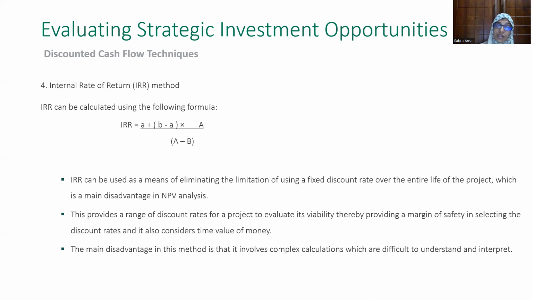In order to eliminate this, the IRR is calculated using 2 discounted rates. So that is what we did here. This provides the range of discounted rates for a project to evaluate its viability, thereby providing a margin of safety in selecting the discounted rate, and it also considers the time value of money. So we said NPV is a very good method. However, there are disadvantages. Using PI, we eliminated the problem that a higher NPV alone is not enough if we have a limitation of funding, since we have to figure out the most effective option.